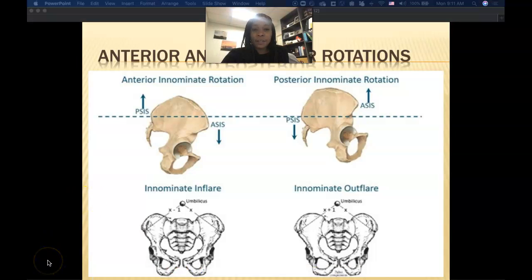On the opposite end of the spectrum is a posteriorly rotated innominate, or a posterior rotation to shorten that. That's where we have the ASIS being pulled superiorly, and then that PSIS being driven inferiorly. But most often, the common cause of a posterior rotation, I would say 90% of the cases, is going to be tight hamstrings, which are tugging on that ischium, which ultimately leads to what?